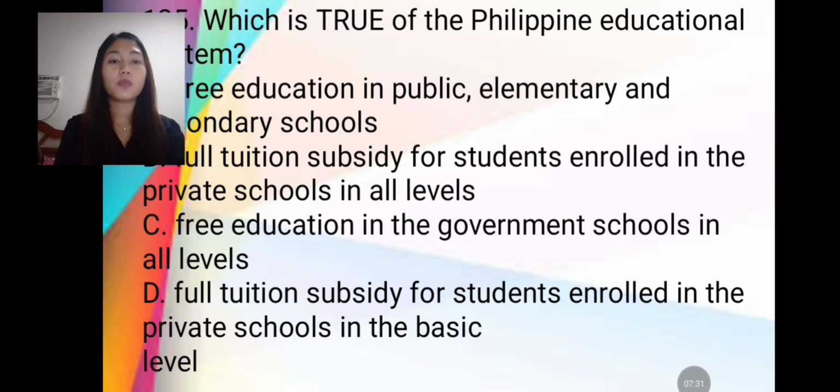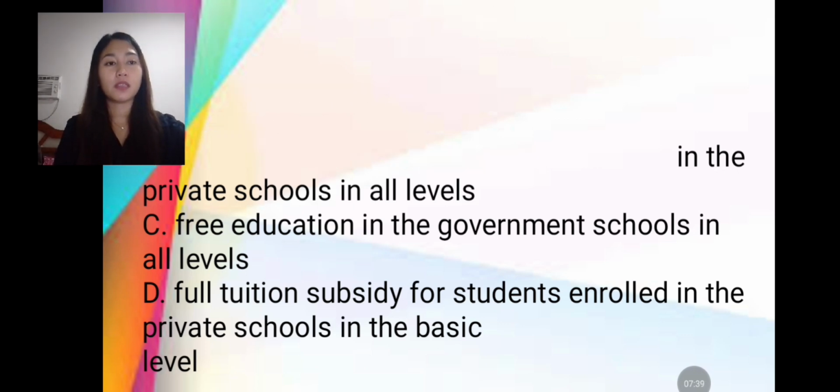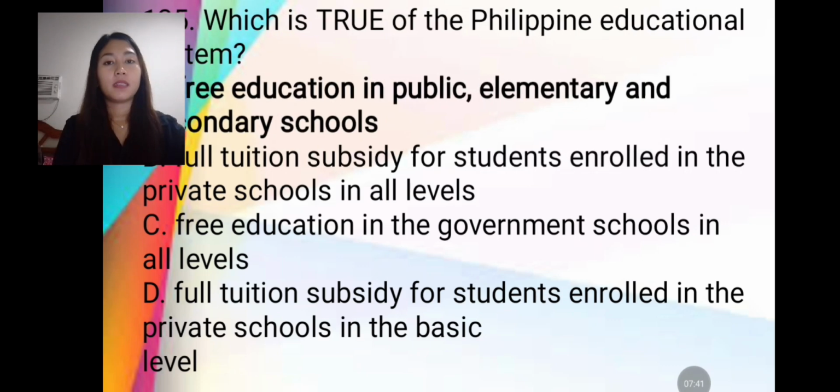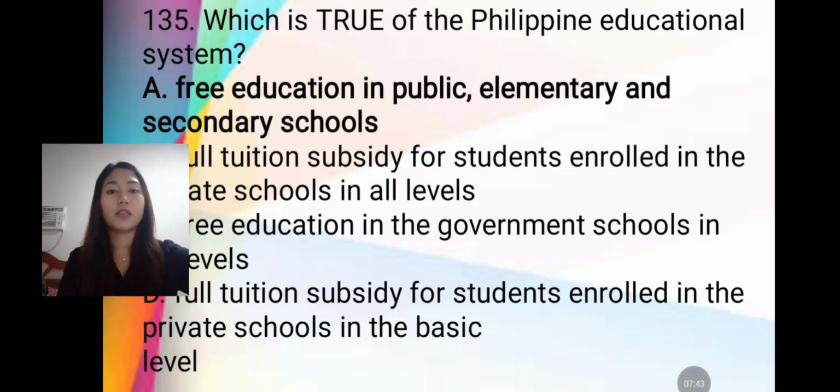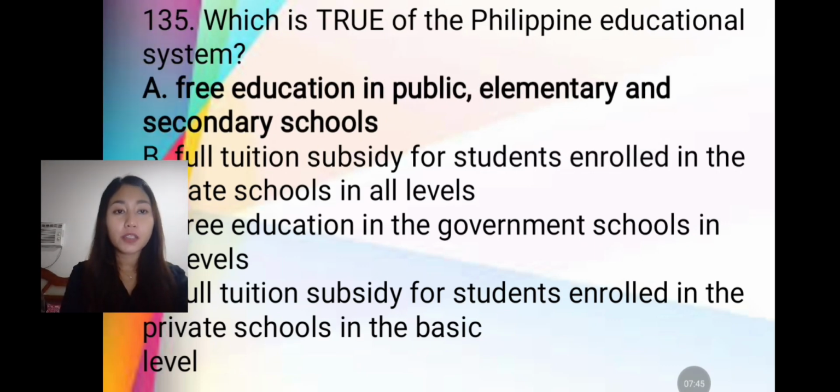D, full tuition subsidy for students enrolled in private school in the basic level. So, what do you think is the answer? The answer is letter A, free education in public elementary and secondary school. So why not B, C, and D?